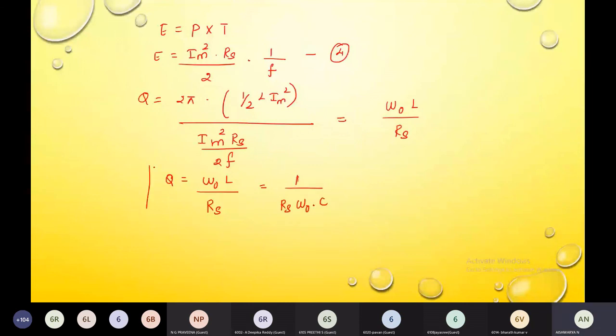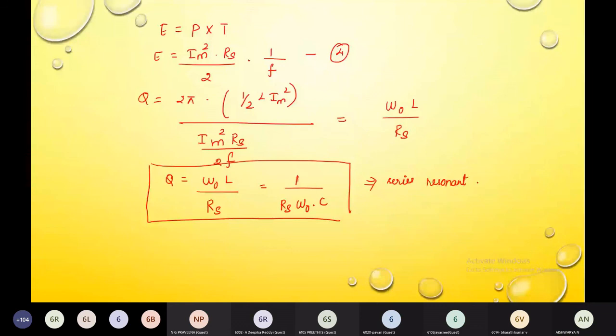So this is the quality factor for series resonance circuits. Okay. Any doubts till this? Any doubts till this?